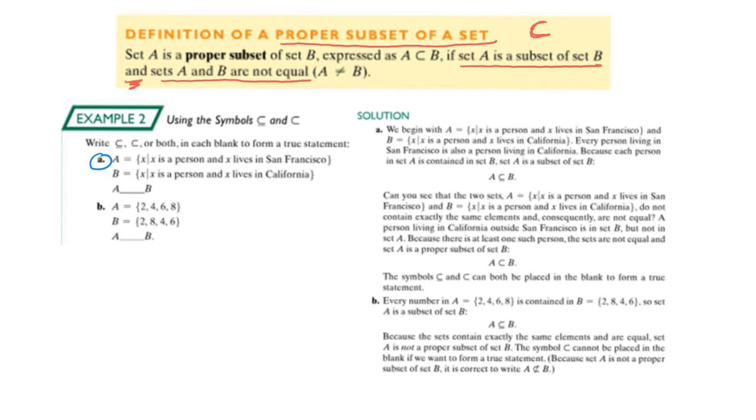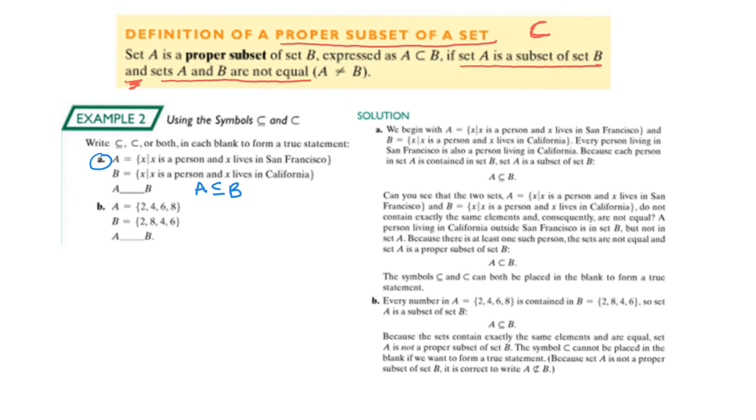If a person lives in San Francisco, is that person also contained in California of set B? The answer is yes. So we know that A is a subset of B.